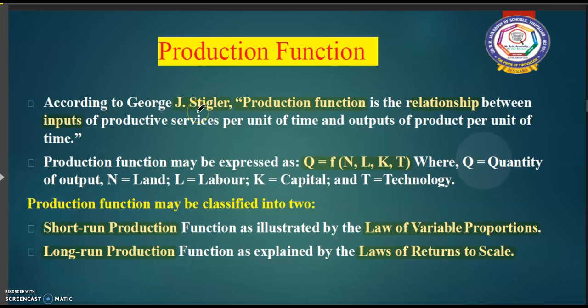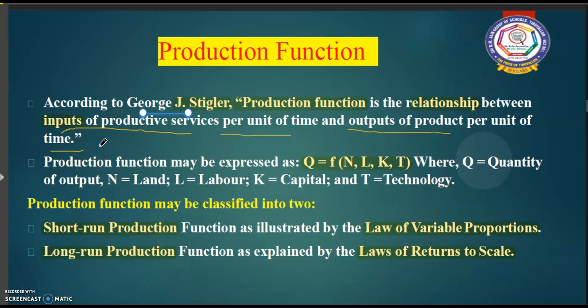Now here we are going to discuss an important definition given by George J. Stigler. According to him, it is the relationship between inputs of productive services per unit of time and outputs of product per unit of time.